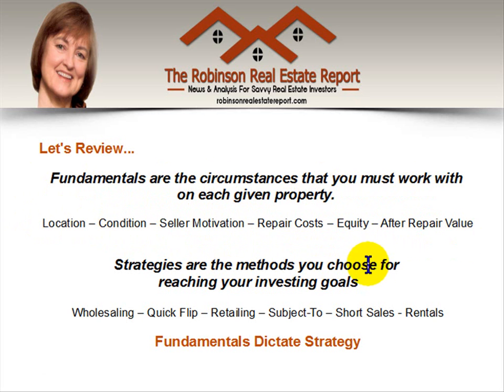And strategies are the methods you choose for reaching those goals, and those include wholesaling, quick flip for cash, kind of the same thing as wholesaling, retailing, selling at full price, taking over the existing mortgage, short sales for homes that are pending foreclosure, and rental property for cash flow. But in all the cases, the fundamentals dictate the strategy.